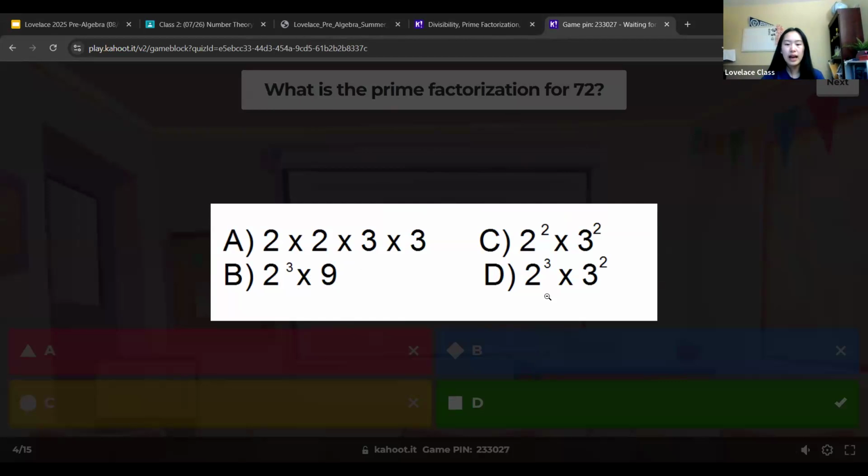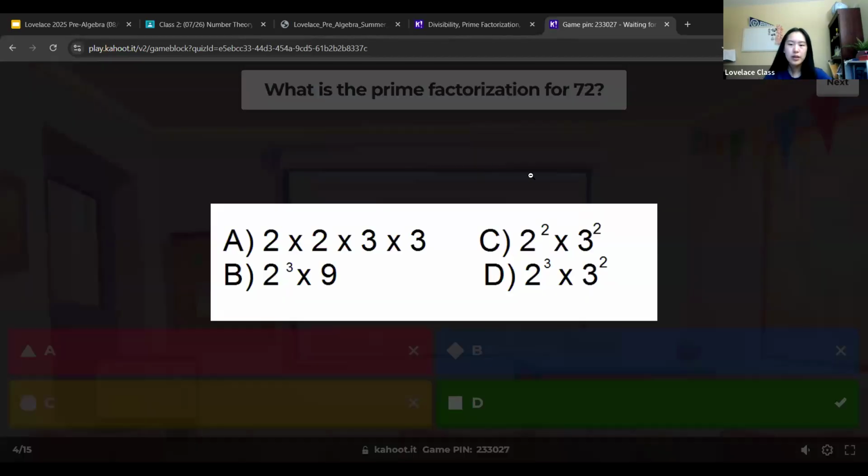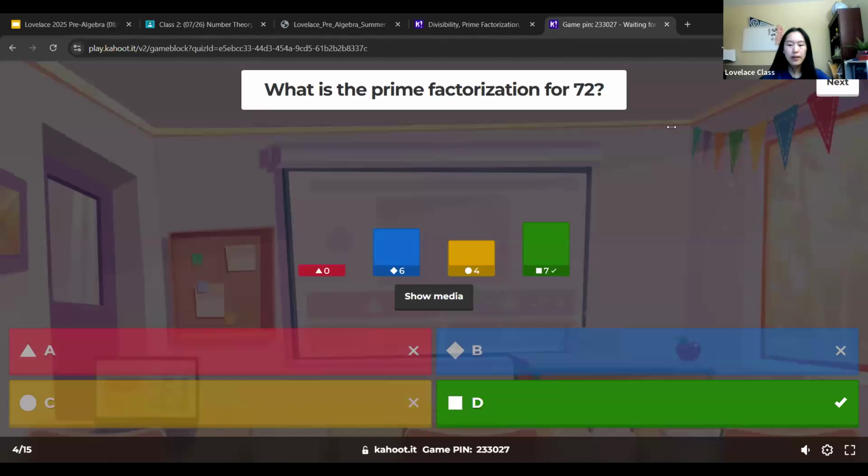So you have to simplify that. That's how you get D, which is 2 cubed times 3 squared. So there actually is only 1 right answer. That was the trick question. But a lot of you guys got the right answer, which is good. And if you just want to know, 72 equals 8 times 9, and 8 equals 2 cubed, and 9 equals 3 squared. Anyone have any question?